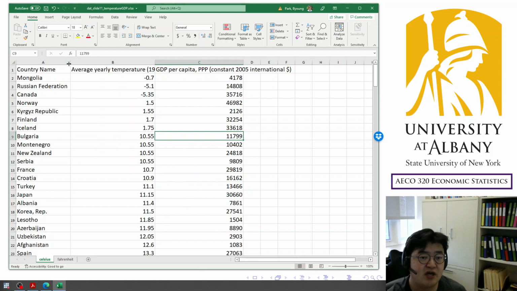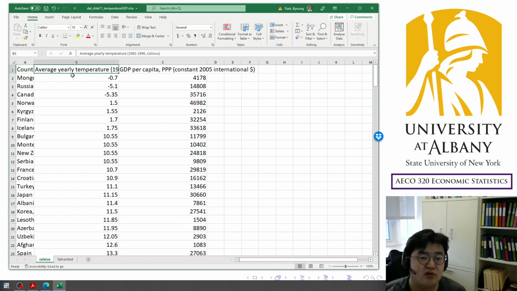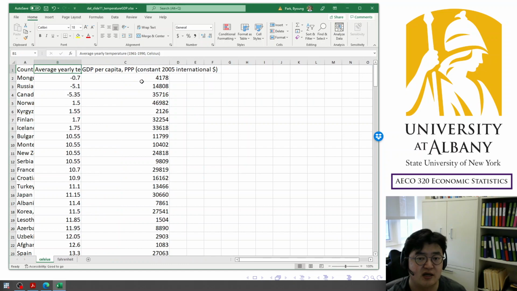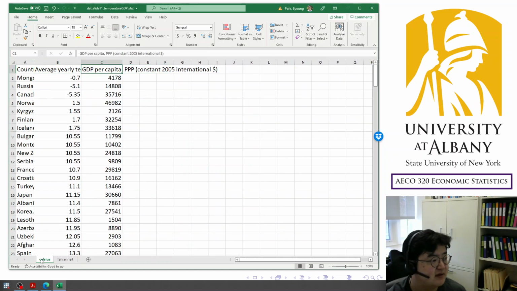So we have country names. Let me minimize this column, it's not important. This one is temperature, and this is GDP per capita. I have a Celsius tab. In the Celsius tab, temperatures are in Celsius and GDP per capita is in dollars.